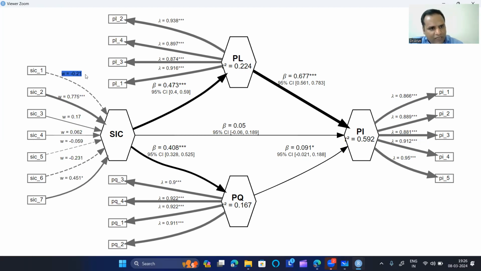It's perfectly fine to take all the weights. But in your paper, you should write an argument about your SIC construct. You should report their weights separately and give all the arguments stating that yes, my SIC is fulfilling the convergent validity requirement and it passes the test of redundancy analysis. This argument you need to give in your paper. Hope this makes a lot of sense.